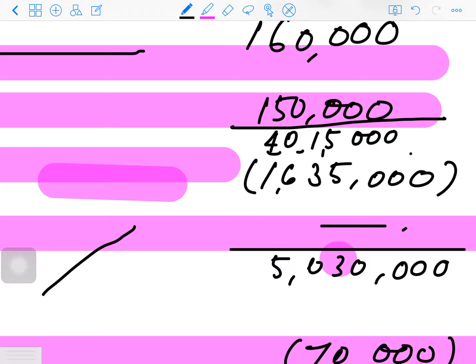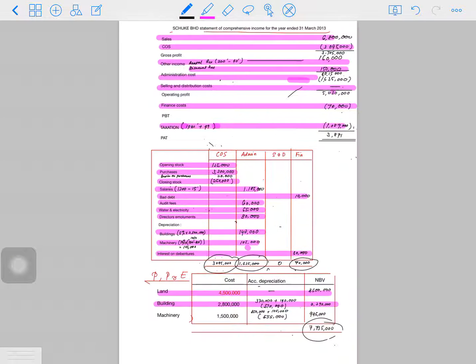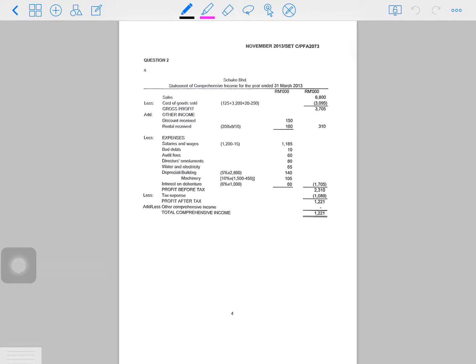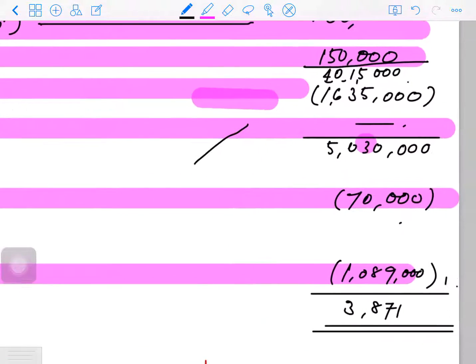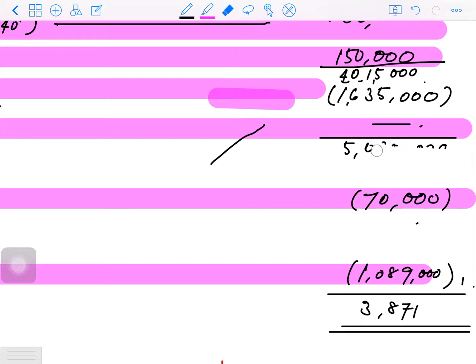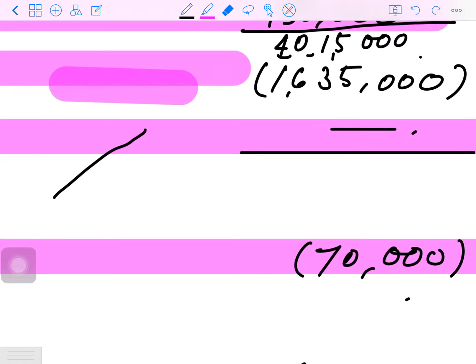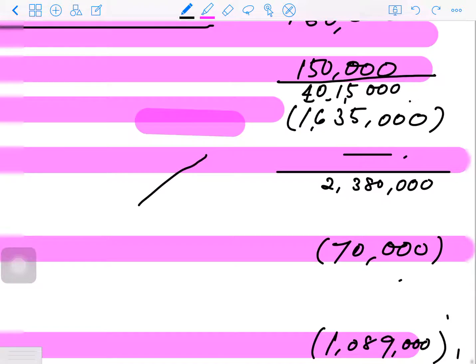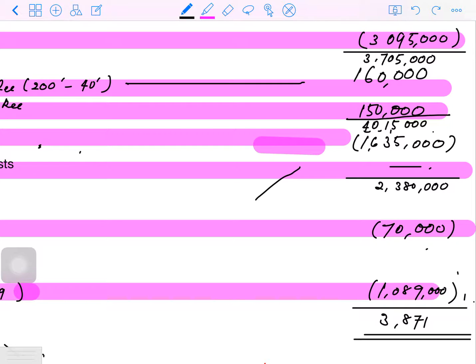Minus 1635, 2380. Minus 70 minus 1089. Okay, so we should get here 1221.